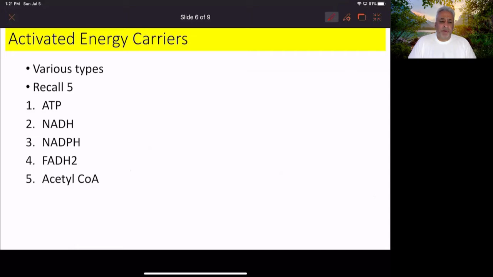Let's move on rapidly to activated energy carriers. So what are these things? These are basically transporters. These are molecules that have been sequestered by chemistry and biological systems because of their properties in being able to carry easily and unload easily these energy carrying electrons and protons.